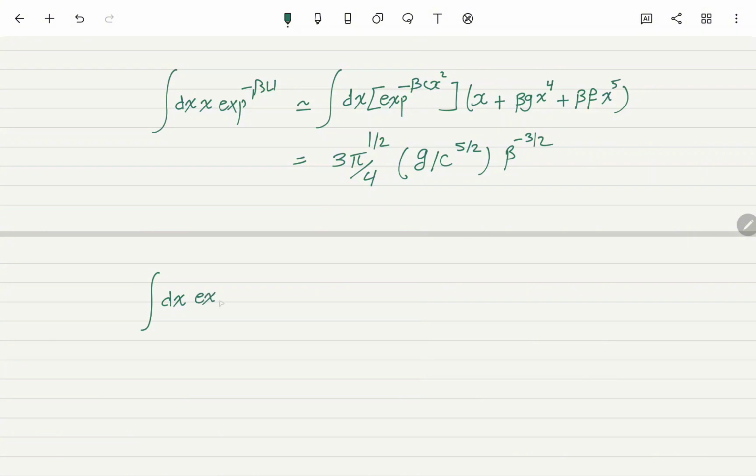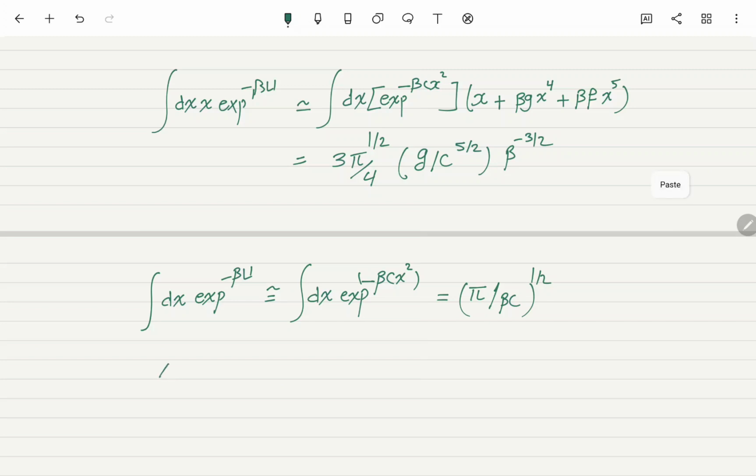And again the integral of dx exponential minus beta U, this is the dominant part, is approximated by the integral of dx exponential minus beta c x squared, or equal to pi over beta c, all to the power half.